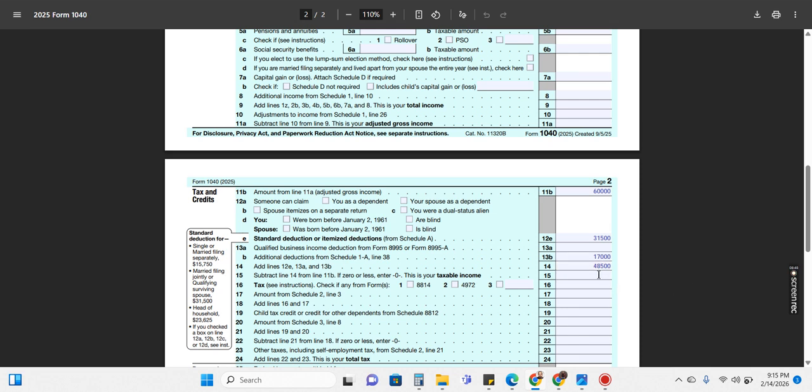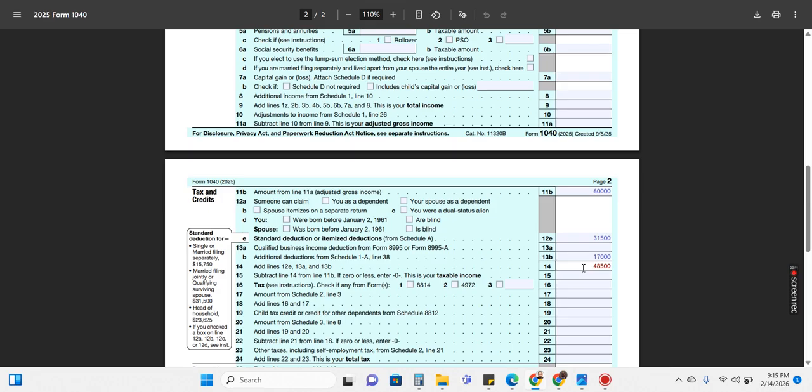Subtract line 14 from line 11B. The 31,500 is the standard deduction because of the married filing jointly status, and 17,000 is additional deductions from Schedule 1A. So 48,500 is the total deductions.